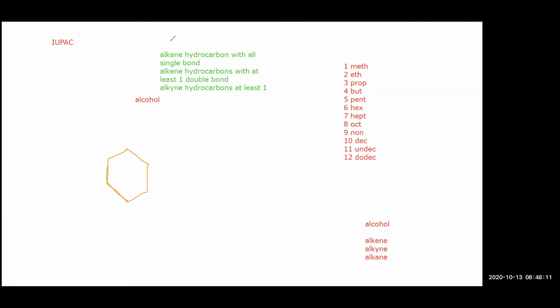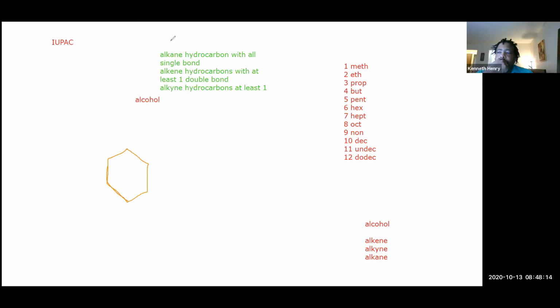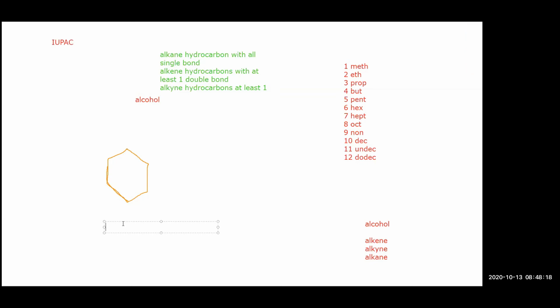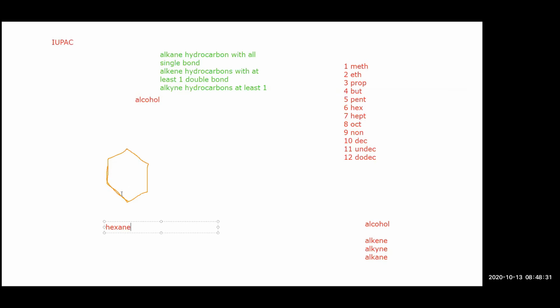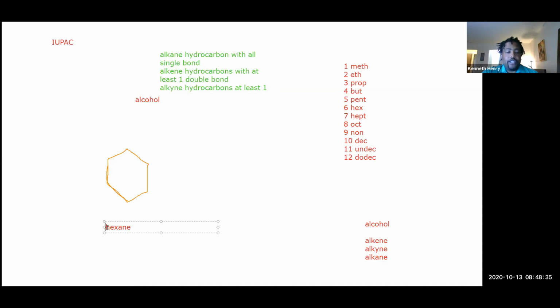Okay, so what do you think it'll be called? Hexane. So it'd be hexane, but oh wait, it's a ring structure. It's closed, they're all connected. So we call this guy cyclohexane.